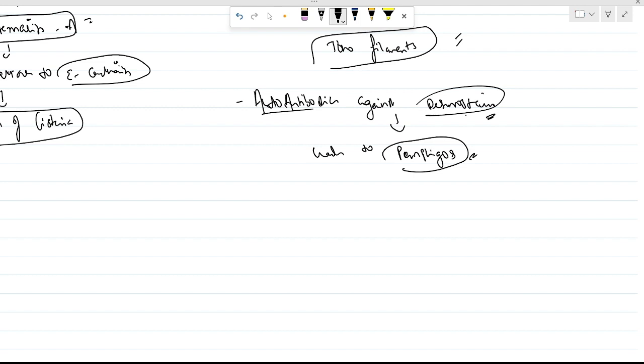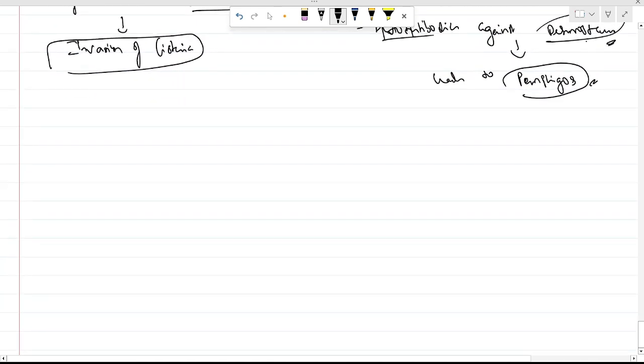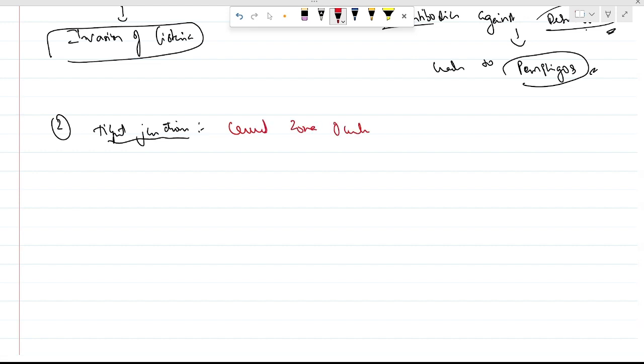So we have seen the first type of cell to cell adhesion, zona adherens. Second, we are going to see tight junctions. These tight junctions are called zona occludens.